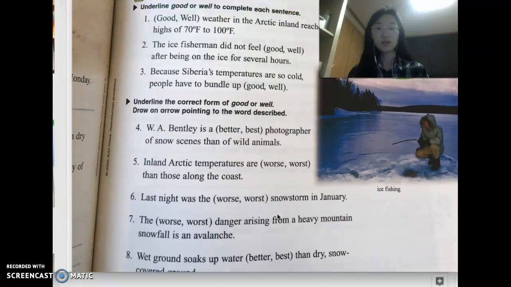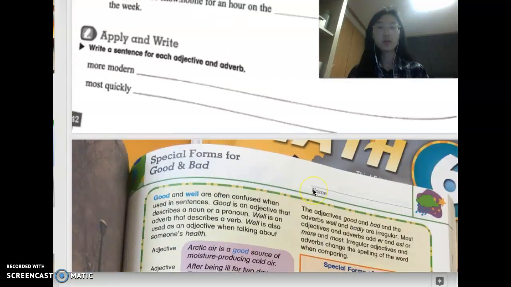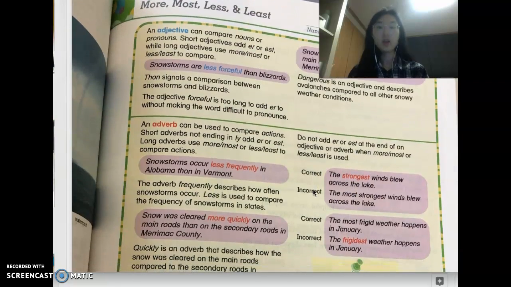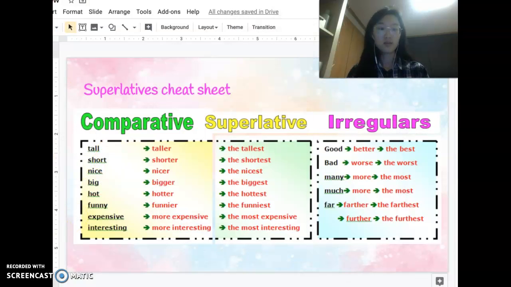I believe that it's page 241. Yeah. So if you need a little more detail, you can definitely go back to your textbook on that. Basically, we have a nice little organized chart here that tells us some of the common words and the spelling when using comparatives and superlatives.